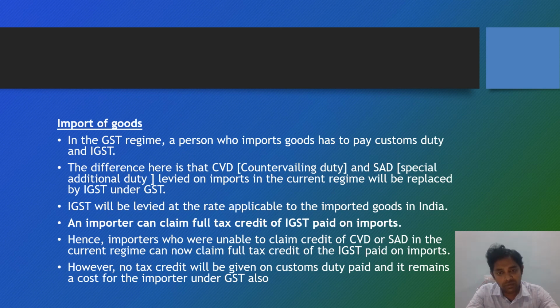An importer can claim full tax credit of IGST paid on imports. Hence, importers who were unable to claim the credit of CVD and SAD in the current regime can now claim full tax credit of the IGST paid on imports. However, no tax credit will be given on customs duty paid, and it remains a cost for the importer under GST also.